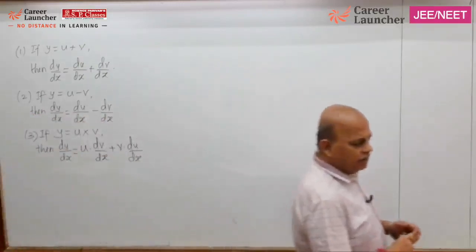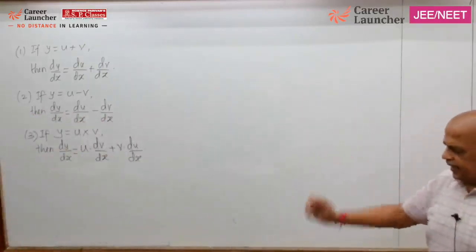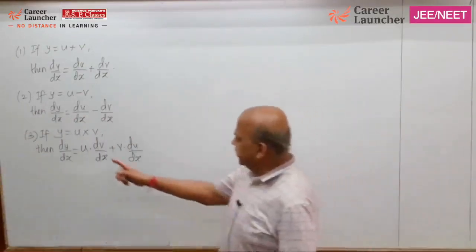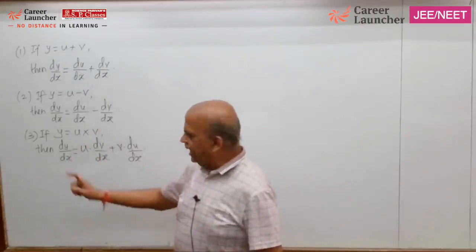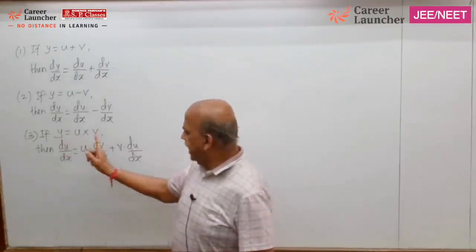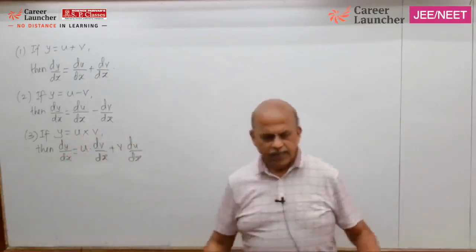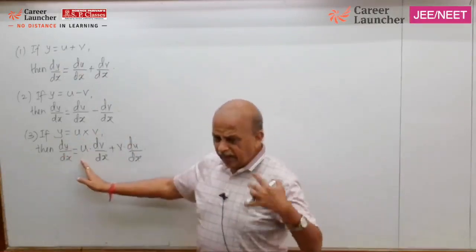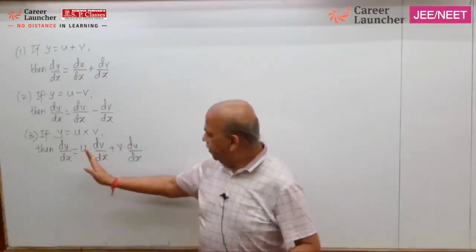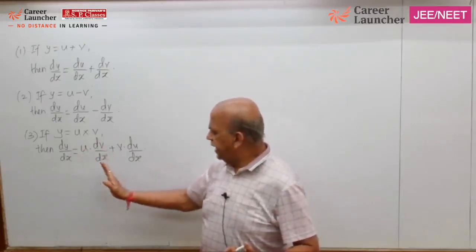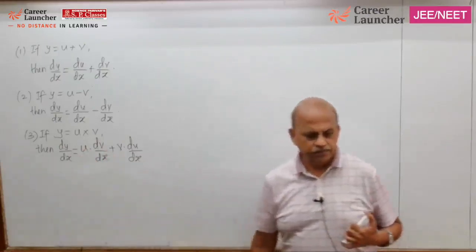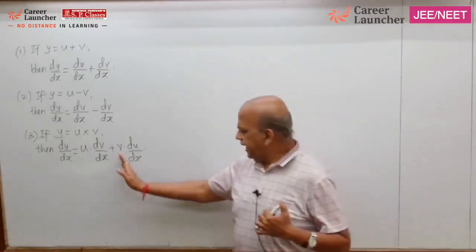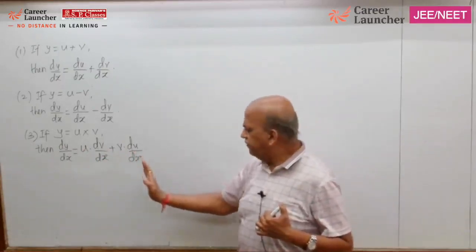Got it, everyone? Let us recollect this product rule once again. Instead of calling it u and v, I'll call this the first function and this the second function. Let us remember the rule like this. First, after me: first function into derivative of second function, plus second function into derivative of first function.